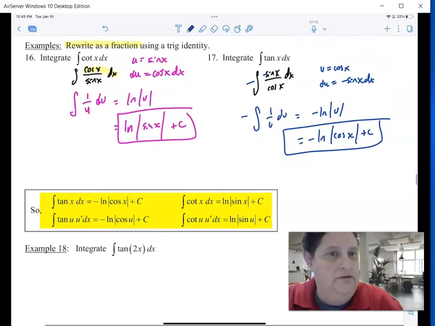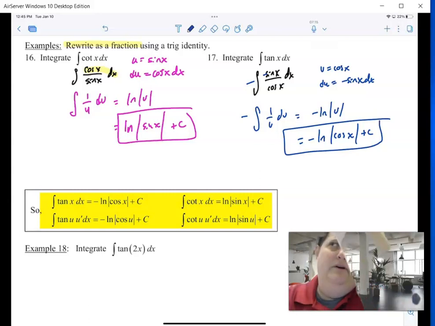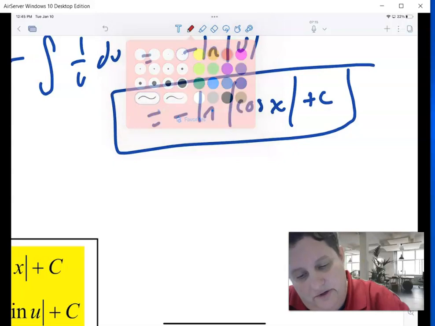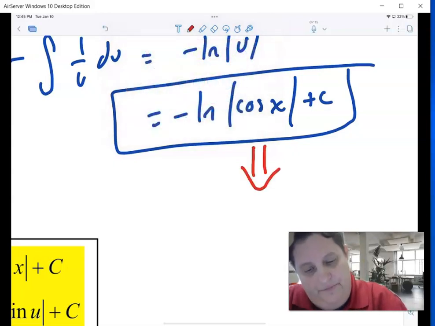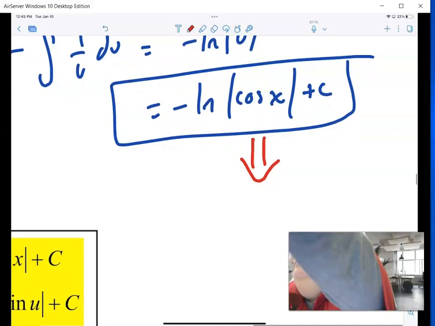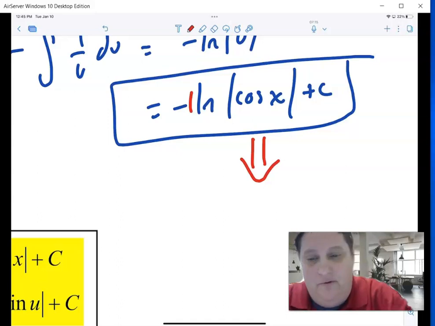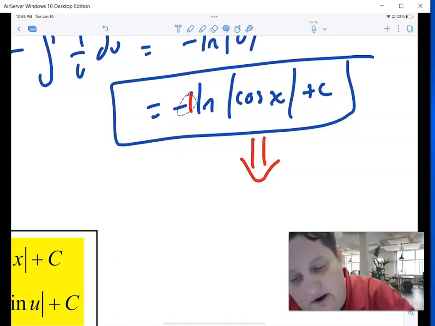Okay, nice. One thing I'm going to show you guys really fast. This is funny. I saw this on the AP test once. Check this out. Okay? There's another way that you can write that. If there's a negative in front, do you guys remember with ln rules how you're allowed to bring a constant in front and put it up as an exponent? You guys remember that?